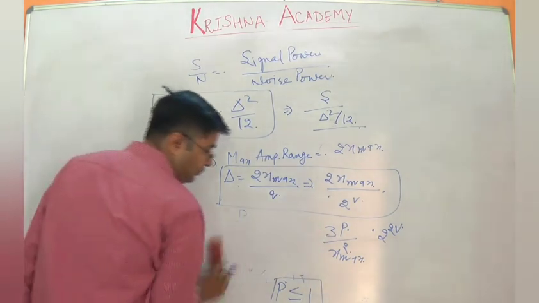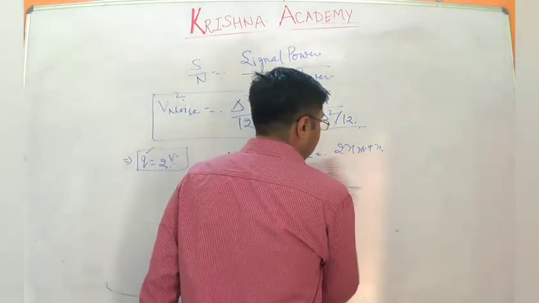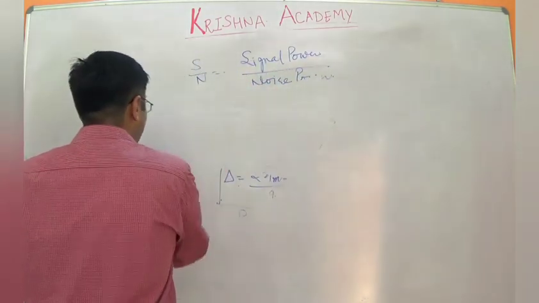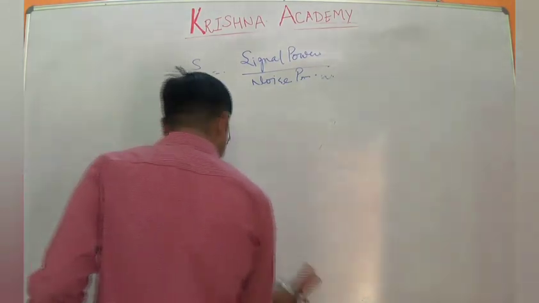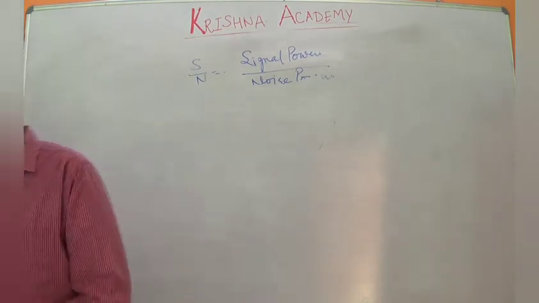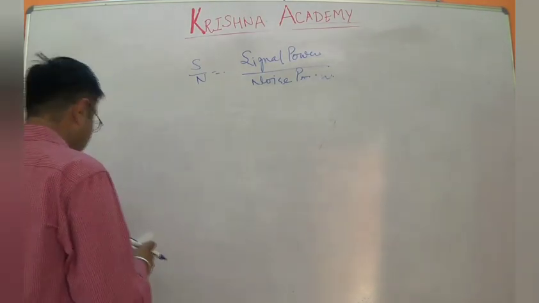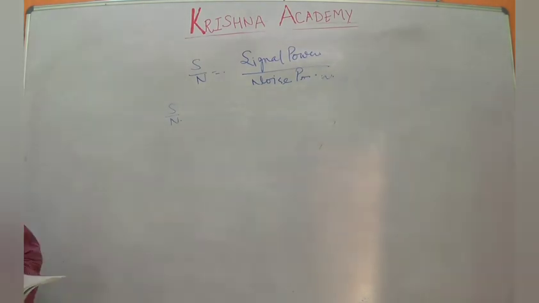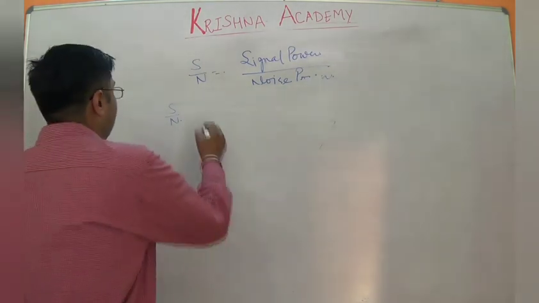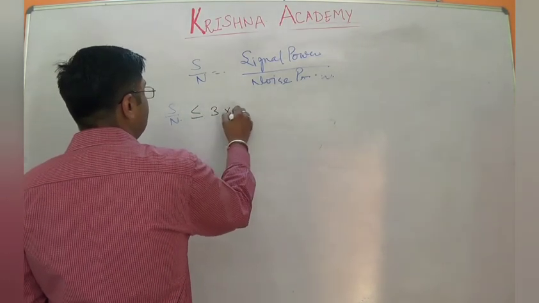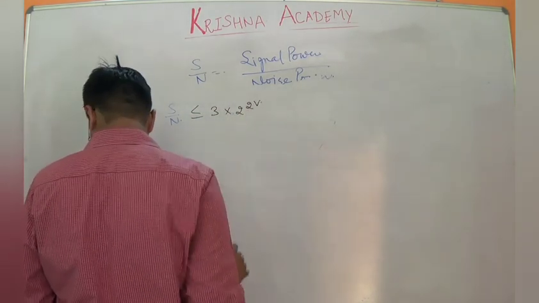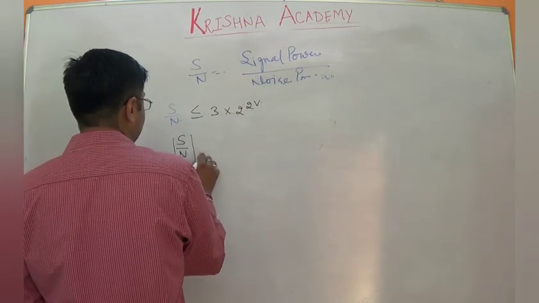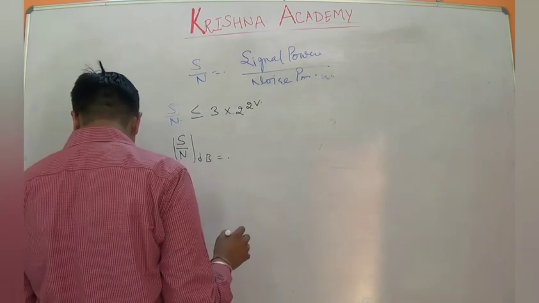Now just putting the value over there, and we will talk about the range of this particular equation. In the last equation, the signal to noise ratio Sn will come as less than or equal to 3 into 2 to the power 2V. Now the Sn ratio will be calculated in dB, decibel level.